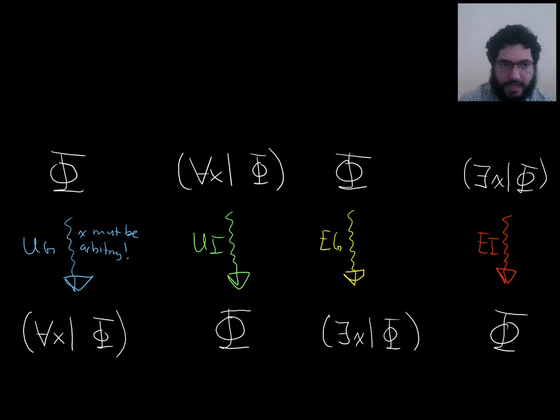EI is the other one that has very fine print. It says, when you instantiate, when you go from something is red to X is red, X had better be a brand new variable, where there are no previous assumptions about X. It's also similar to saying it's arbitrary.